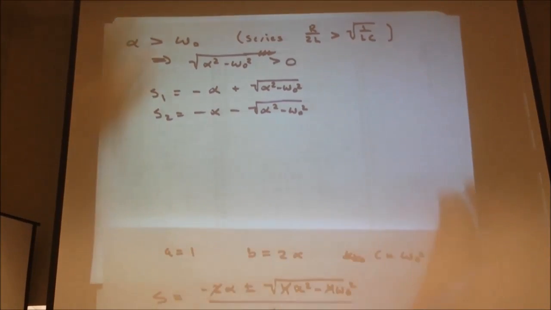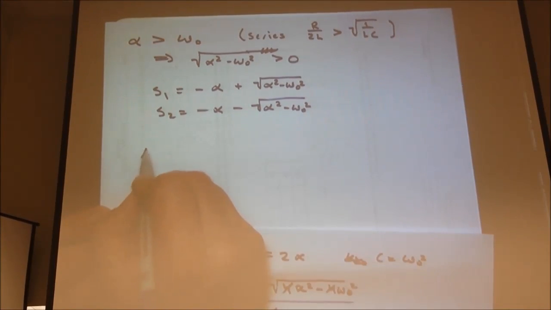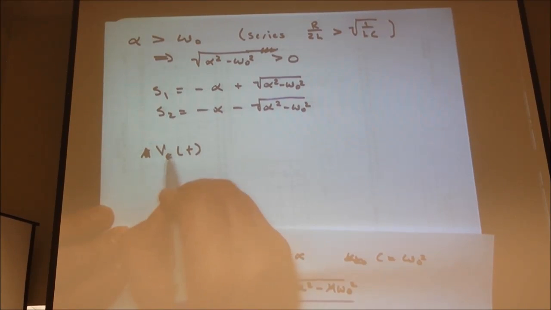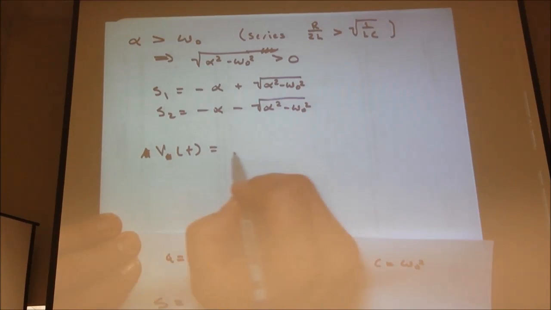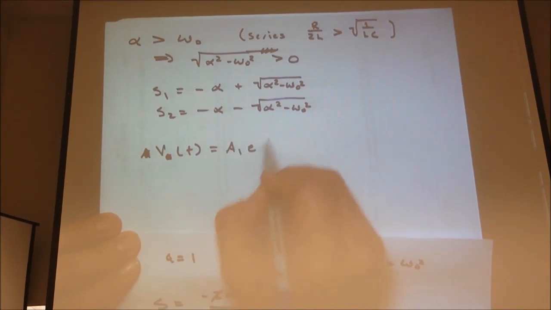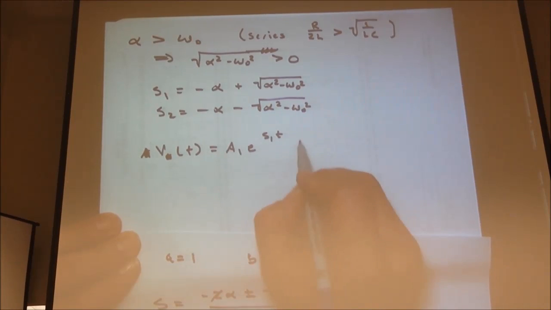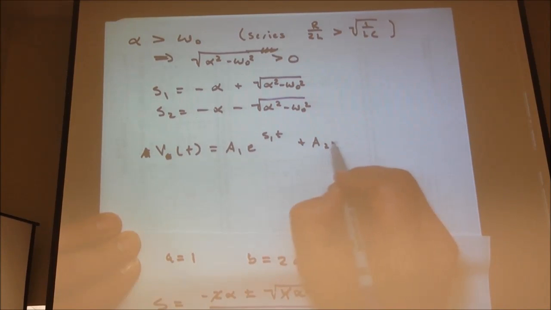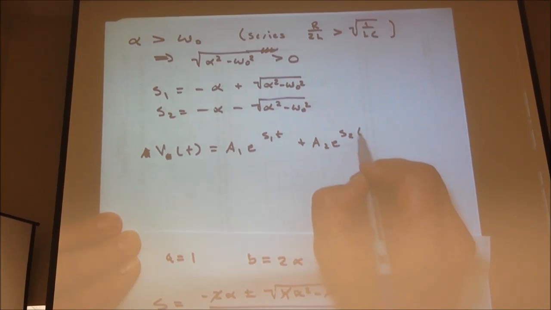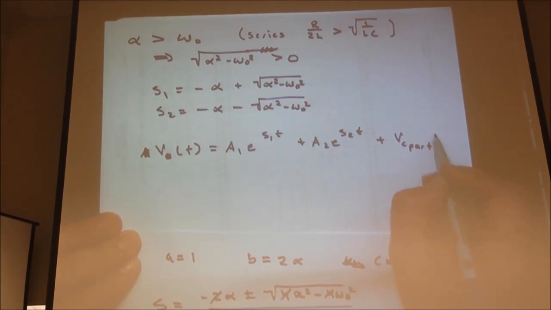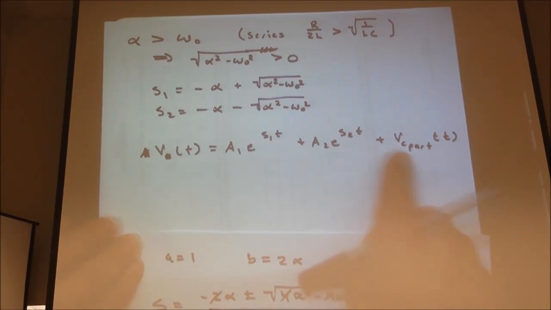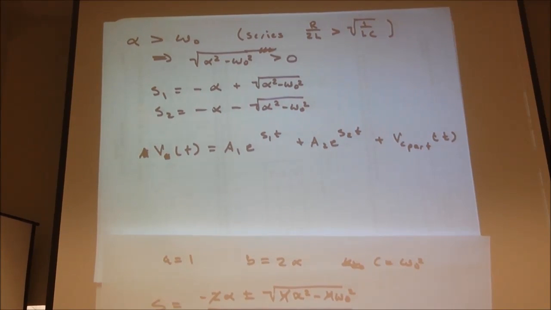Well, under this condition, we can say VC, or any V(t), or I(t), or whatever the case may be, is A1 e^(S1 t) plus A2 e^(S2 t) plus VC particular. And again, this is going to be a constant term if we're looking at step function sources. Nothing's changed.